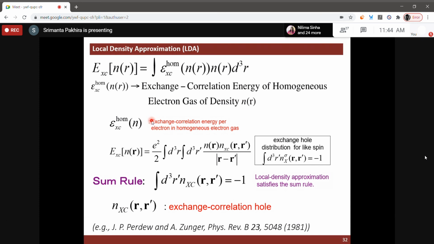It's called the exchange correlation energy of the homogeneous electron gas, and this exchange homogeneous is basically a parameter set up by density functional theory, which is called local density approximation. Using that, if we integrate, we'll get the value of the energy using the sum rule. Perdew and Zunger proposed this kind of local density approximation in 1981, and using that summation rule and local density gas approximation, the method was developed, called the PBE functional.